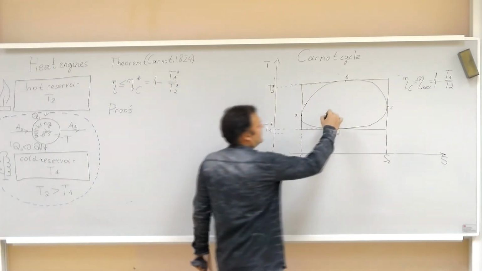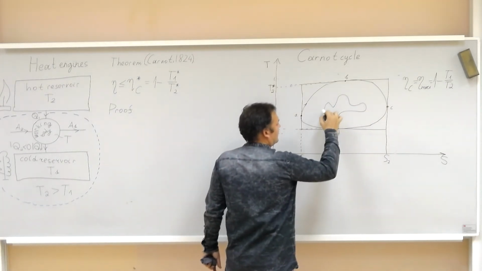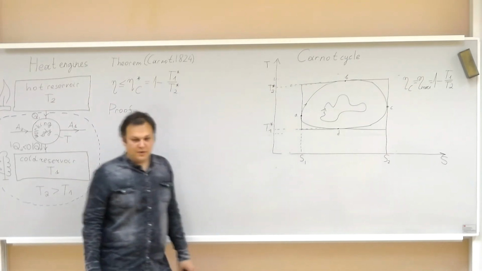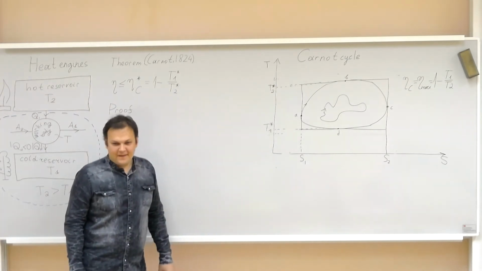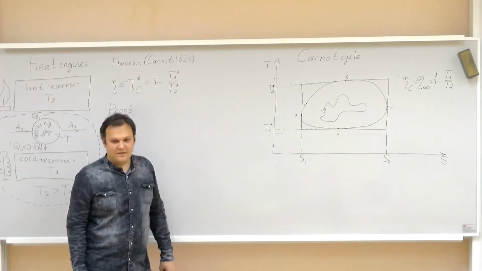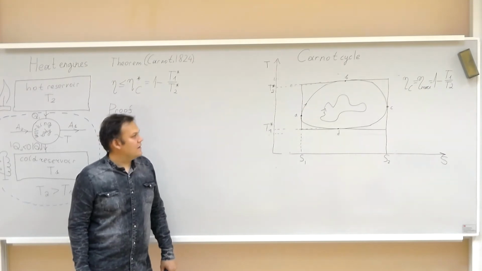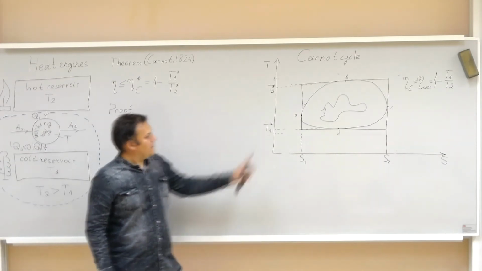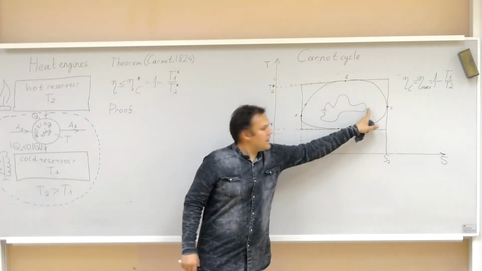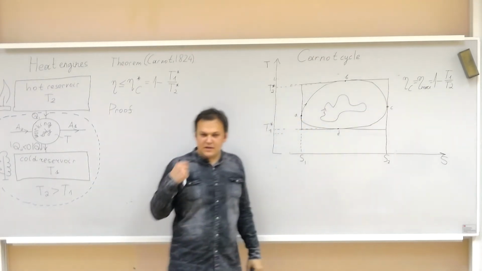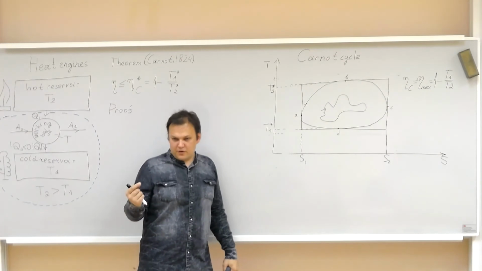If I write this cycle, it's not necessarily reversible. Why? Because the lowest and highest borders of temperature may be different. From here to here, entropy increases. This means that it interacts with the hot reservoir.